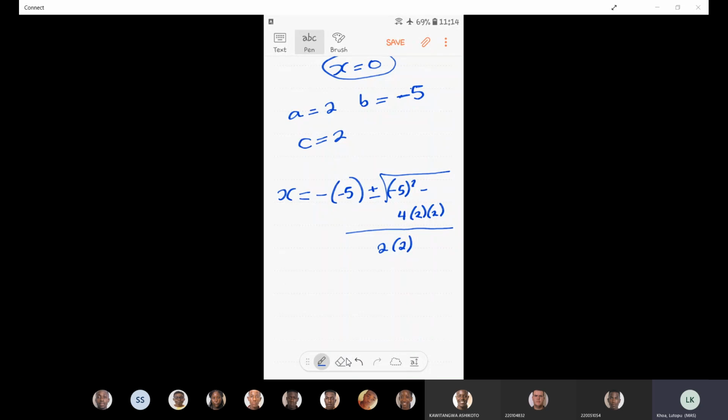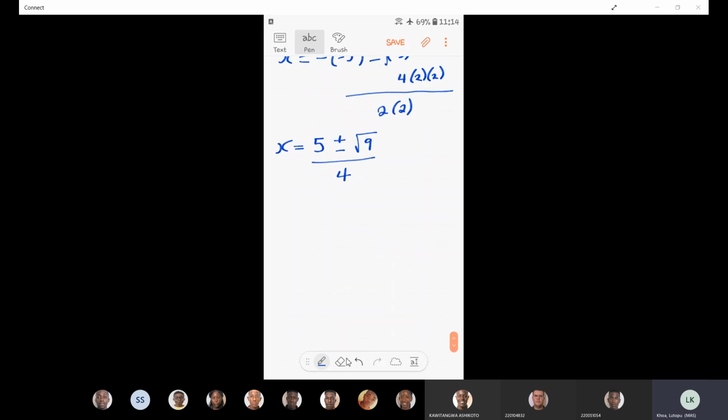Okay. Then we continue, we get x is equal to negative of -5, that is just positive 5. Then I have plus or minus the square root of 25 minus 16, that is equal to 9. So that's the square root of 9. And then I have 4 in the denominator.